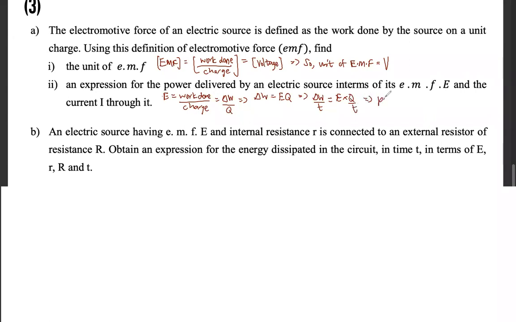Work done over time is power, and EMF is E, Q over T is current, so EI. Once again, power is equal to EI. This is the power generated by an electric source.